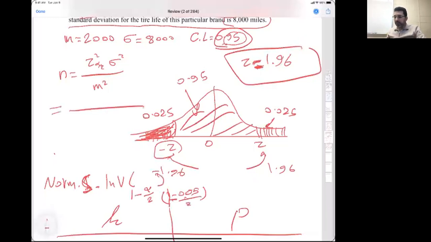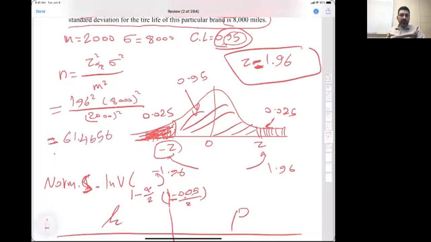Anyway, if you would like to find now the required sample size, it's 1.96 squared times 8,000 squared divided by 2,000 squared. Use your calculator. You will find that it is equal to 61.4656.